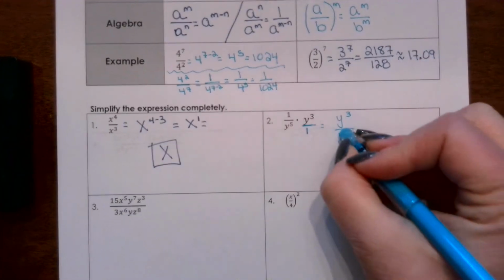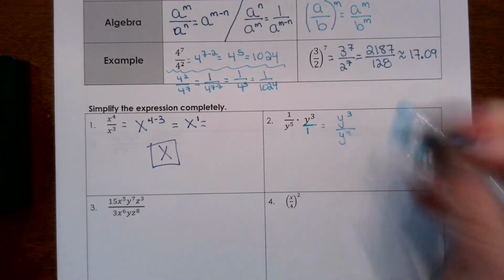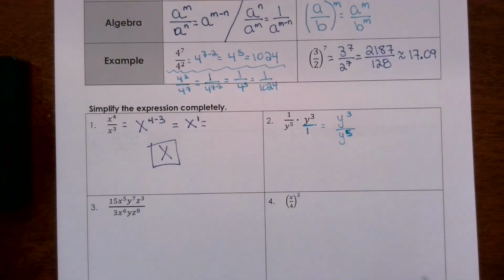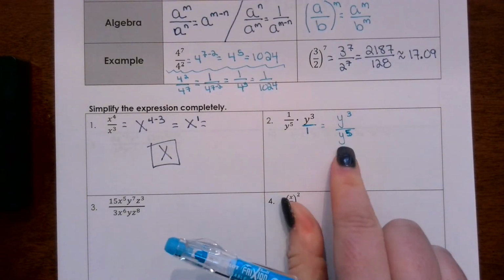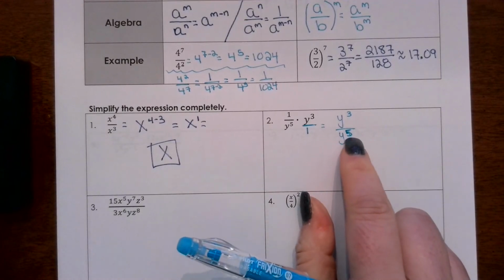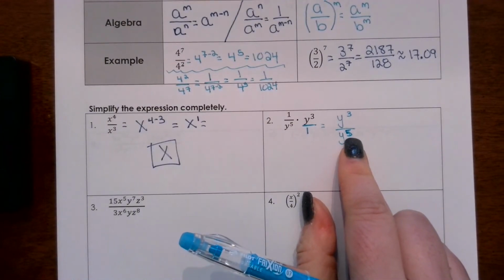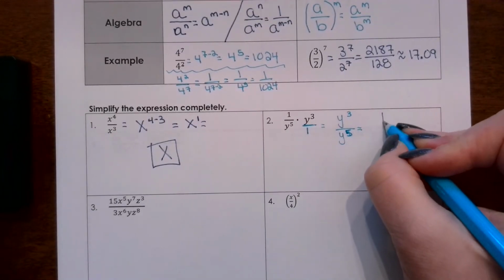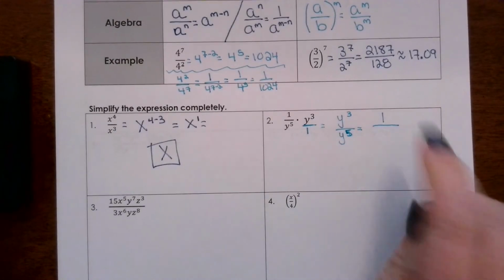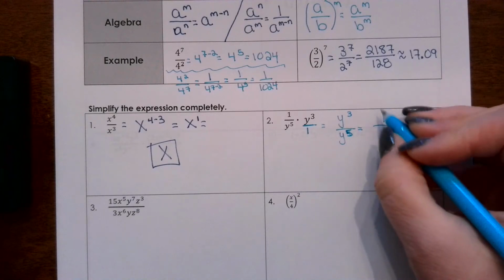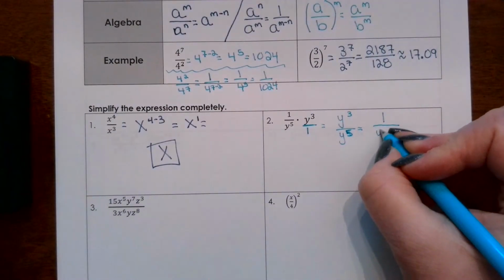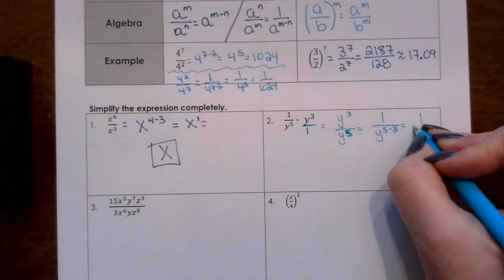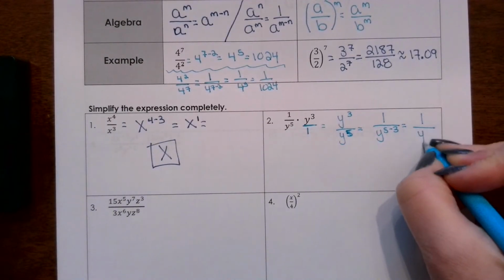I don't know why I wrote a 4 there. Goodness gracious. So y to the 5th. I now have a quotient where I have the same base. In this case, my denominator exponent is larger. So I am going to leave a 1 up here in the top because I'm going to move the y down here. And I have y to the 5 minus 3, which equals 1 over y squared.